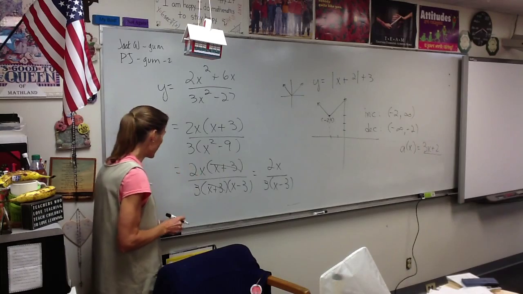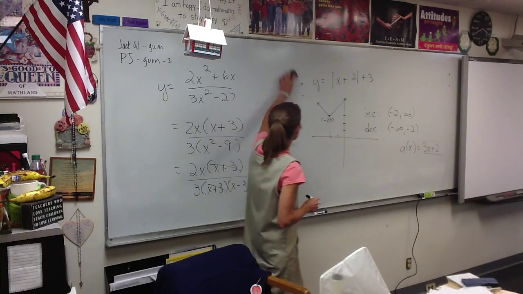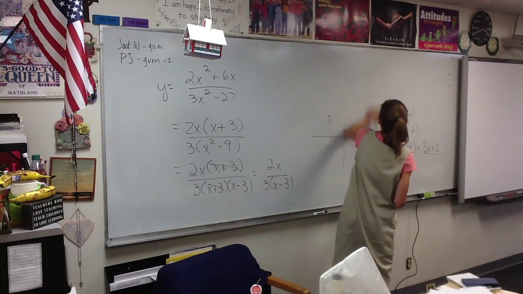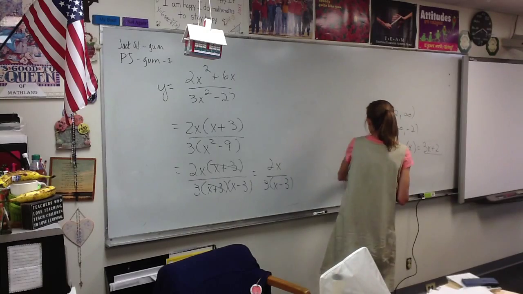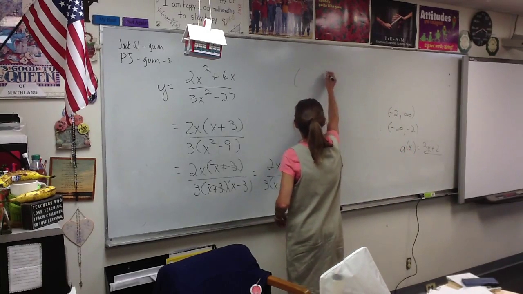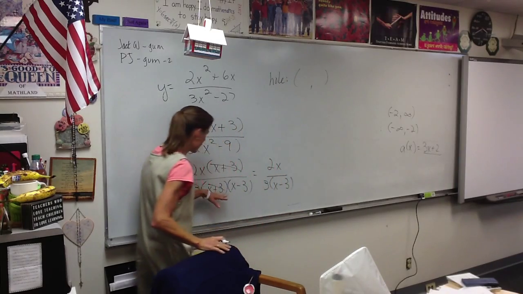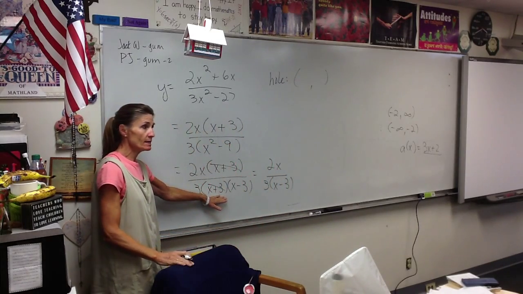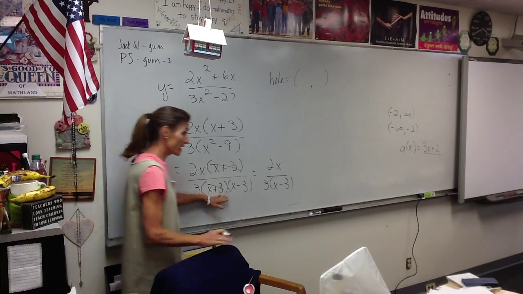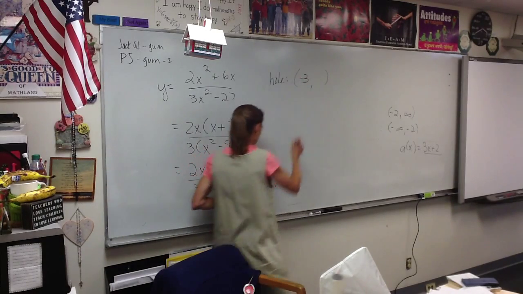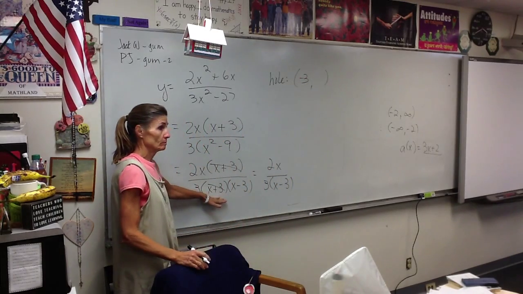Now, the fact that we had a cancellation means what? There's a hole. The hole is a point. The x-coordinate of the point is -3. Right?